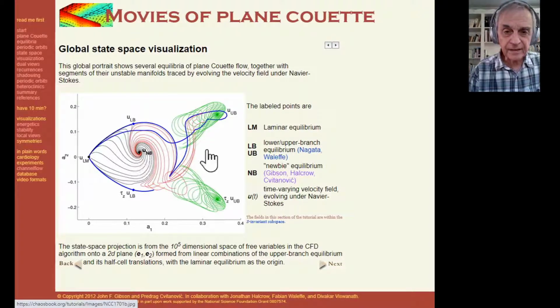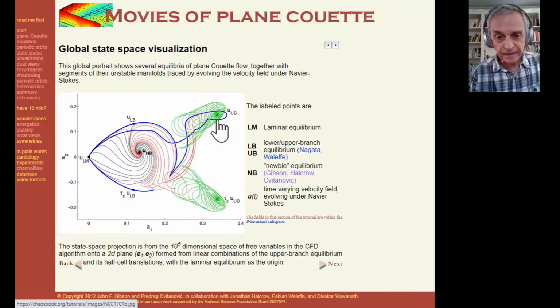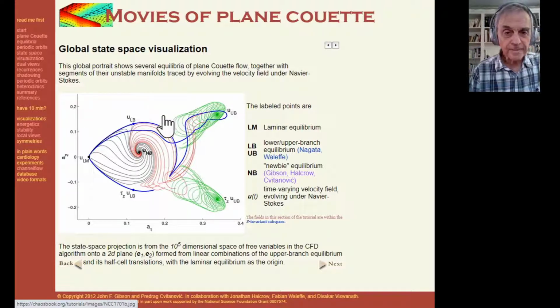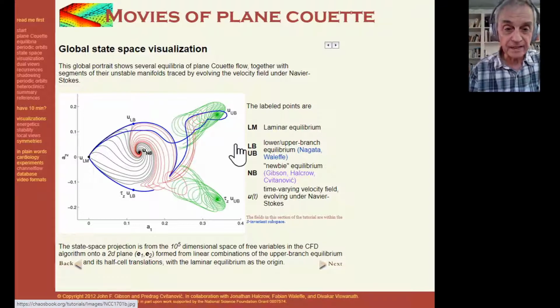Then there is this thing called the upper branch, which was wiggly but static. It's hiding in there. There's a thing called the lower branch. If I start along the unstable direction of the lower branch equilibrium, in one direction it just goes and dies. That's this blue line. In the other direction, I kick it into the turbulent world, so it actually visits this upper branch and eventually dies.